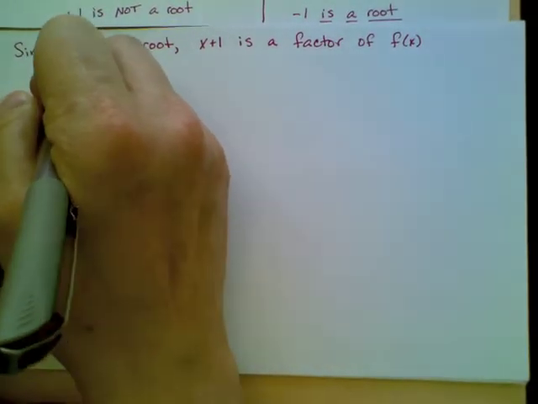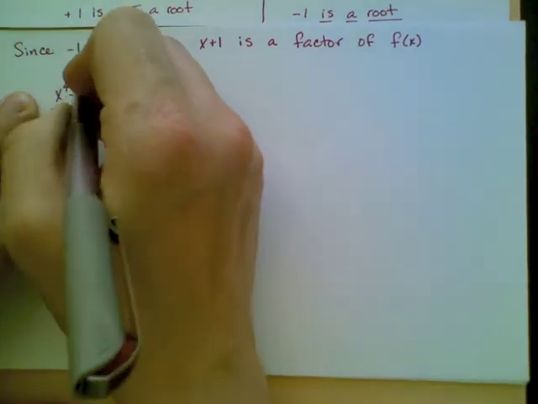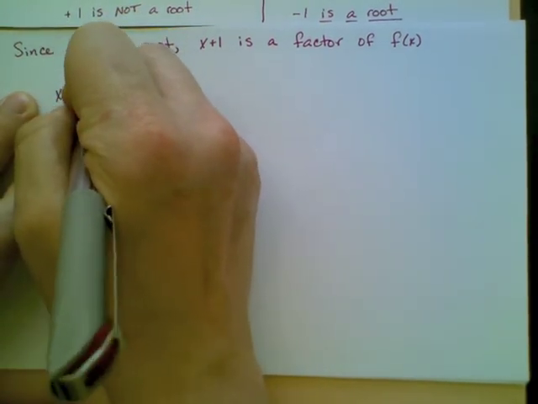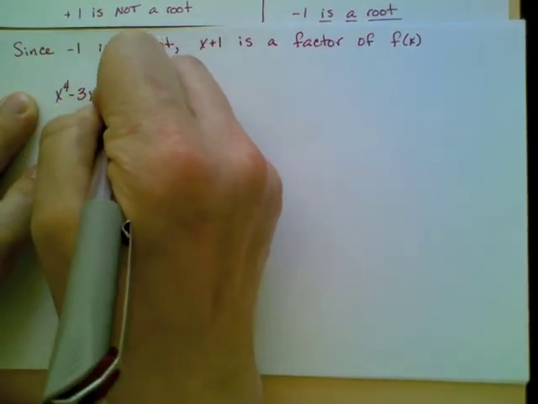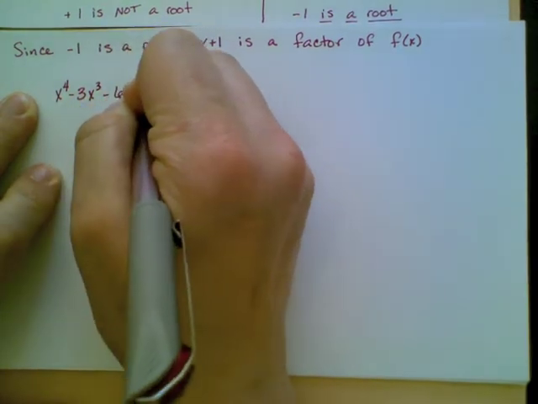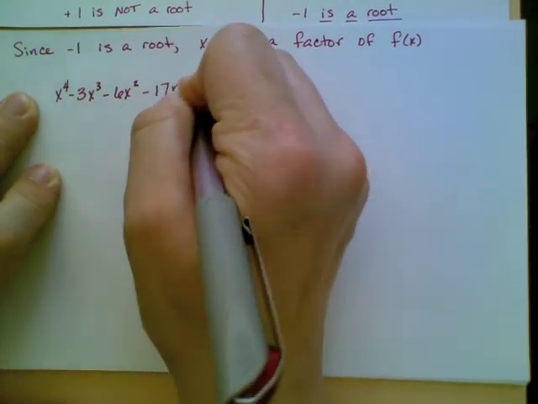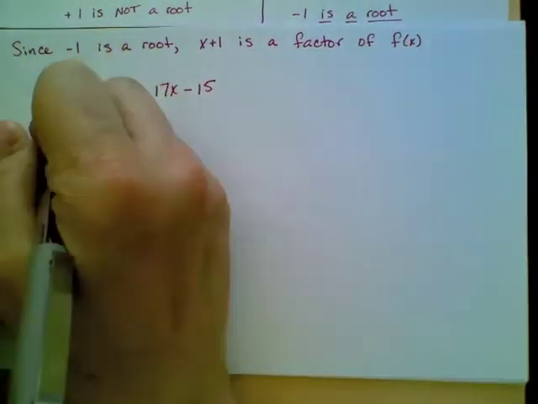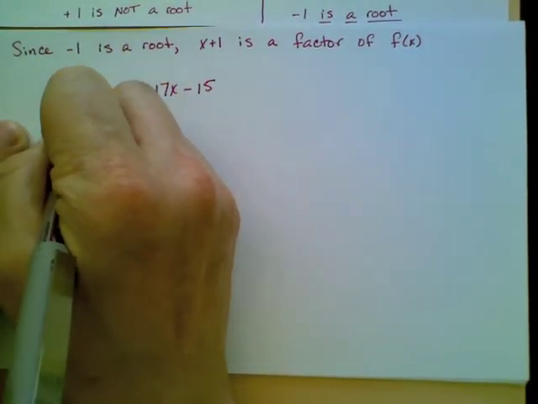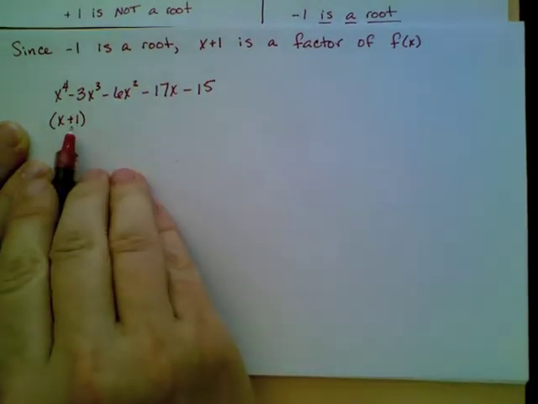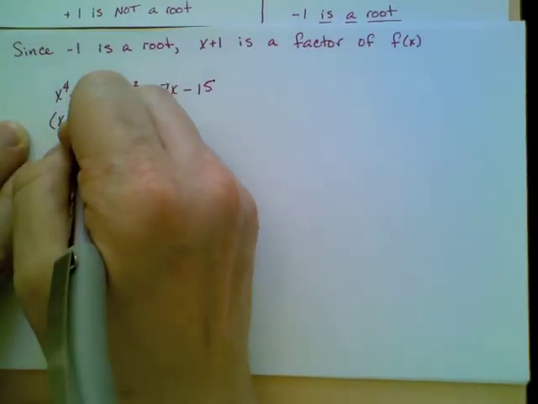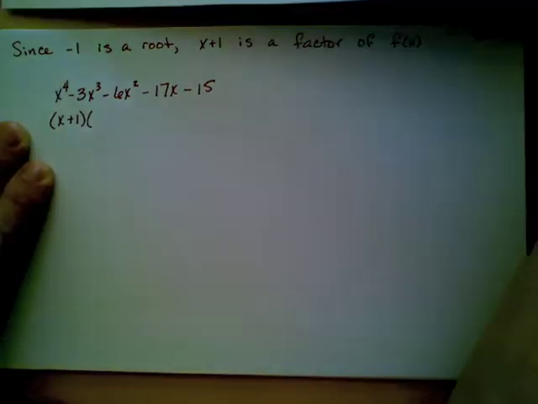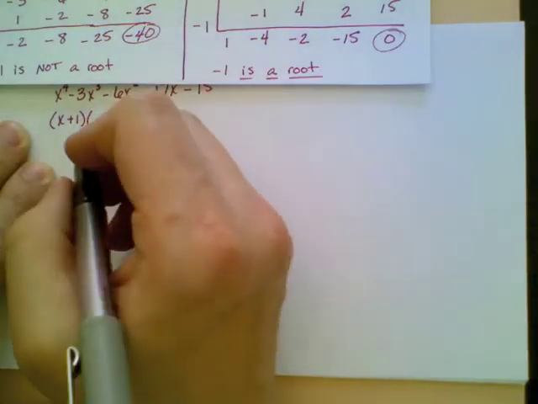So the original polynomial was x to the 4th minus 3x cubed minus 6x squared minus 17x minus 15. And that factors, like I said, we know x plus 1 is a factor. And we can get the other factor by looking at this list of coefficients.